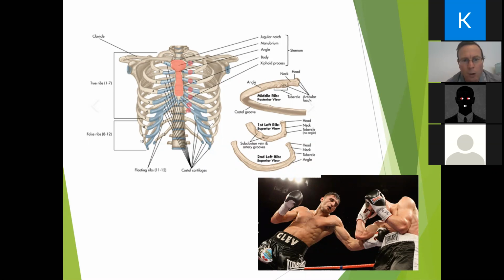And then we've got 1 which attaches to the one above it, 2 attaching to the one above it, and then 3 that attach to the one above it. So we've got 1, 2, 3, 4, 5, 6, 7, 8, 9, 10 ribs. And that means we've got 2 little fellas down here that don't attach to anything.